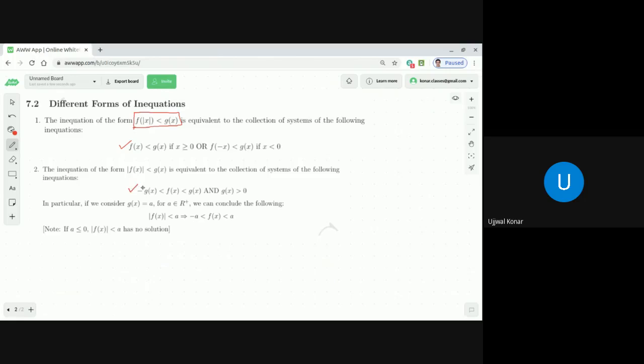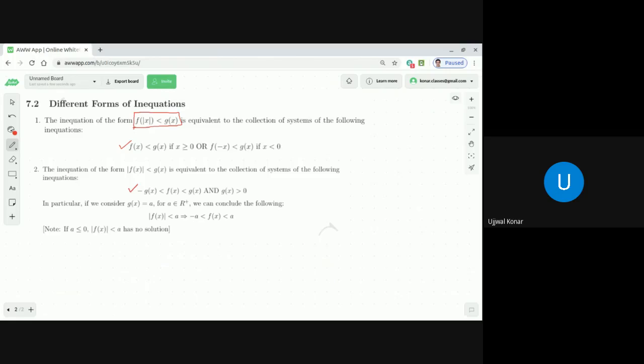I hope you understand that |x| less than a was minus a less than x less than a. So that is an extension of that. Definitely f(x) should be between minus g(x) and g(x), subject to the condition g(x) is greater than 0.